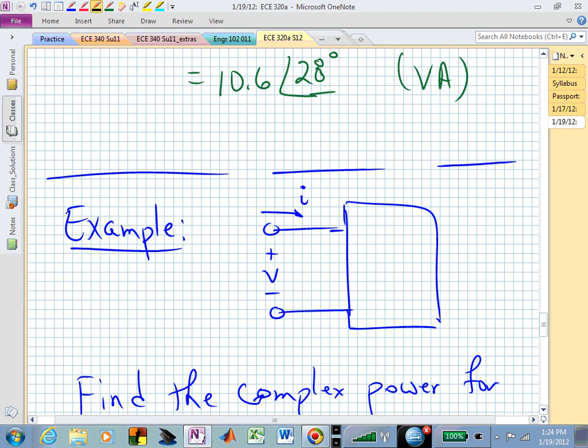This current, as I've drawn it, is entering the positive before it goes through the element. Because of that, my expression for the complex power is absorbed, because I have the passive sign convention. Is everybody clear on that? That's absorbed power, and whatever happens with the product of I and V, it'll take care of itself.